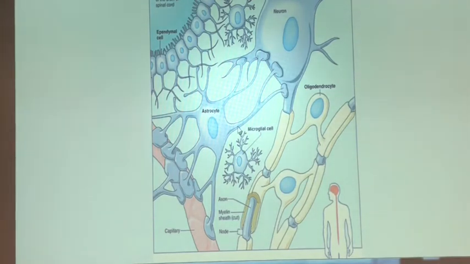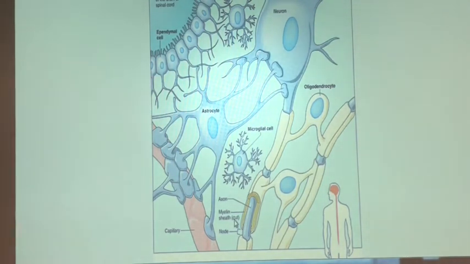Again, you're not responsible for the specific functions of each of these, and I take that back with the exception of the oligodendrocytes. So make a note that the oligodendrocytes are important in producing what's called the myelin sheath. The myelin sheath is essential for many roles in a neuron, of which we're going to talk about in a little bit.